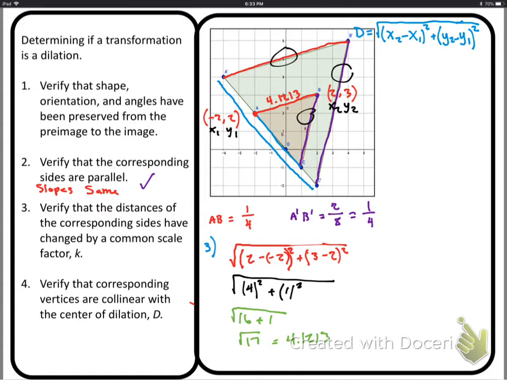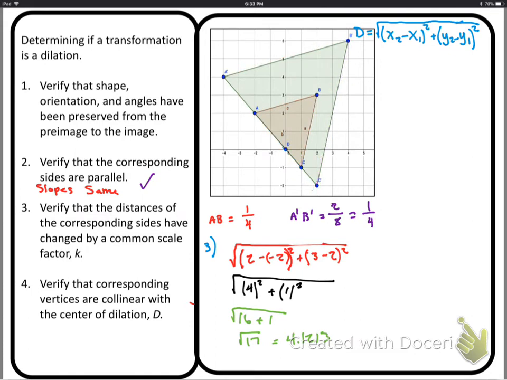Now we have to do the distance formula for all the rest of these, but I've worked them out already, so I'm going to just throw them into the video. I'm going to erase all of this so it gets a little clearer. For A to B, we looked at 4.1213. A prime to B prime is 8.2462.